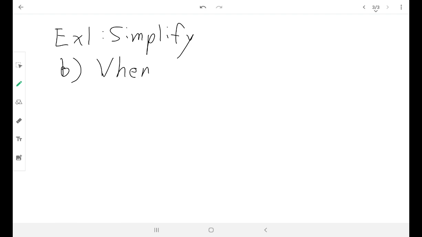Example 1. We're still going to simplify. This is now part B. And the question for part B was, when is the expression in part A undefined?